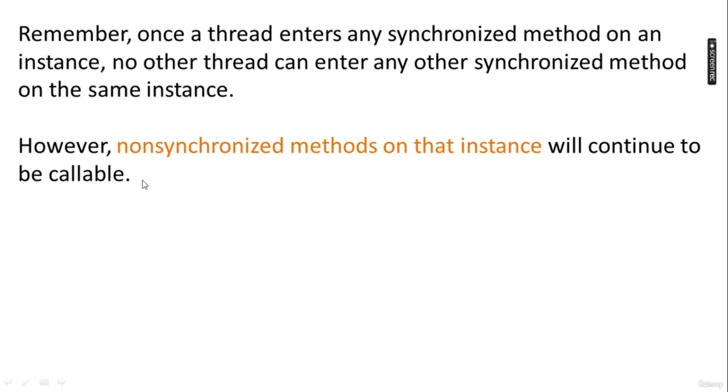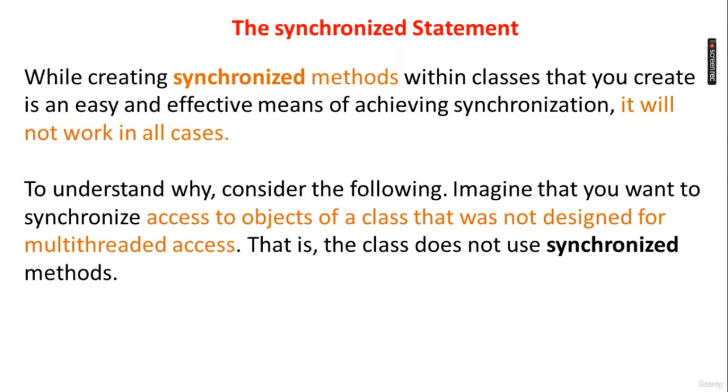If there are multiple methods in your program, one is synchronized and others are non-synchronized, and threads are also calling that non-synchronized method, they will be called in any situation at any time. Okay, so their output is not predictable, but wherever you are using the synchronized keyword, its output is always predictable.